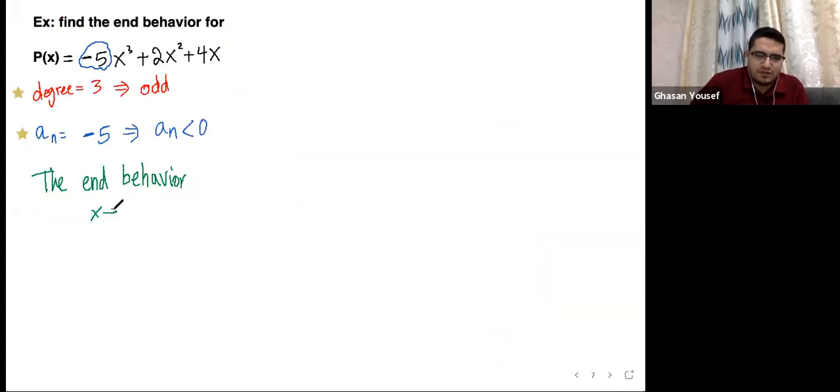So when x goes to infinity, the y goes to minus infinity. And when x goes to minus infinity, the y goes to positive infinity. So this is the solution.